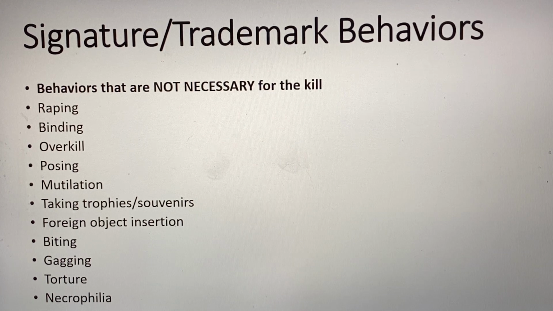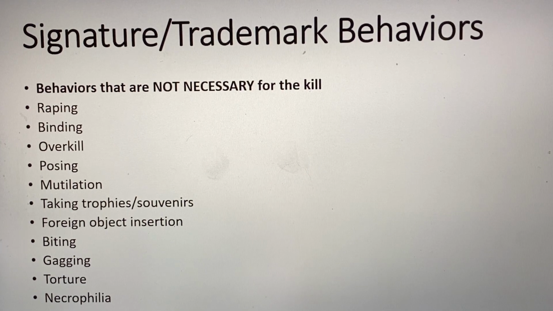Okay. Perpetrating rape against a person, that kind of fits into the element of torture. It's all about power and control. Binding someone, overkill, which we've talked about many times in class or seen in videos. That's basically an overexpression of violence beyond what's needed to kill someone.